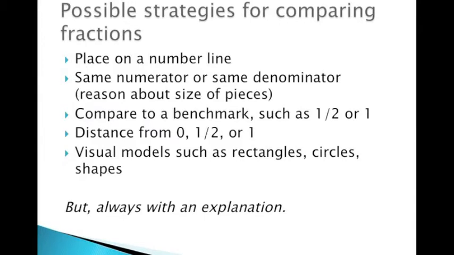Rectangles are way easier, and so instead of round pizzas, we have to think Sicilian pizza. But the idea is that there should always be a rationale and an explanation that students provide for how they figure things out, or how you figure it out. Because it's not the answer that matters. It's how you reasoned it out.